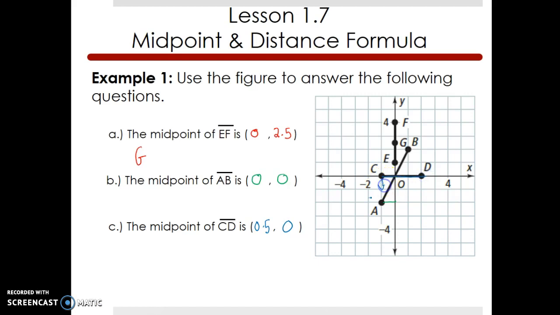So this is -1, ignoring that it has a Y value. And this is 2. So the way you would find it is -1 plus 2 divided by 2. That is 1 divided by 2, which we got as the X value, 1/2.